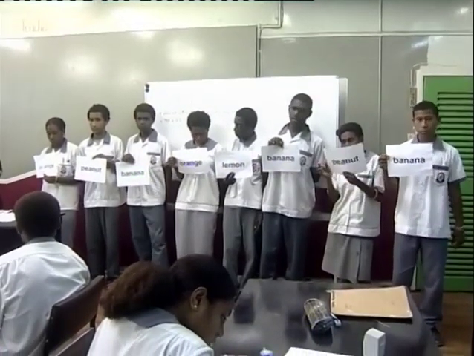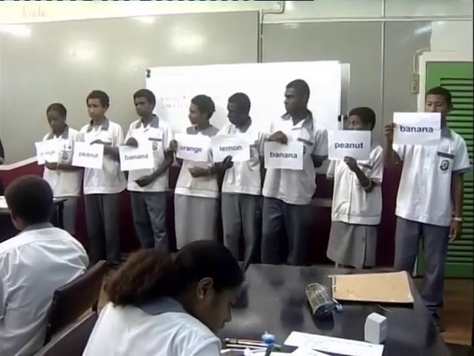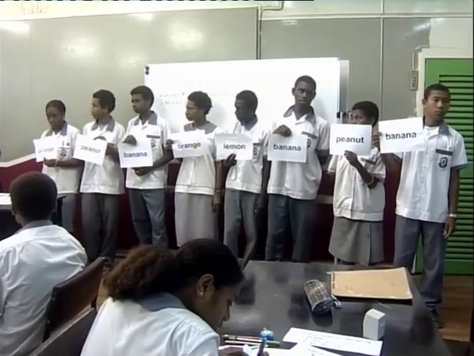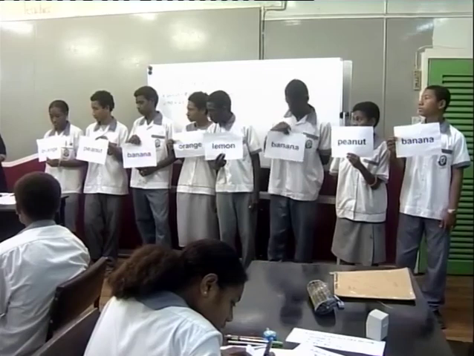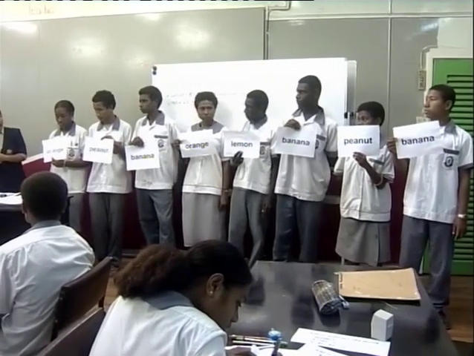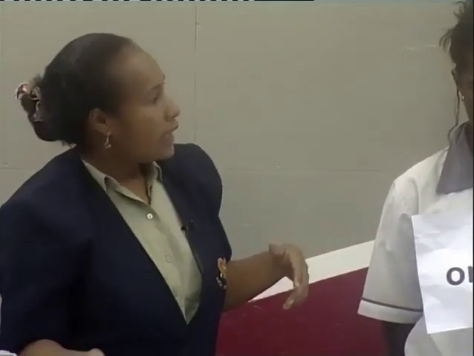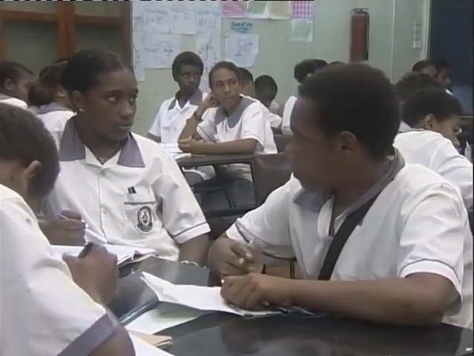Good. Now, we are now going to do the opposite of addition. What is the opposite of addition, class? Subtraction. So this is what we are going to do. I'd like all of you here in front, you are going to hide.